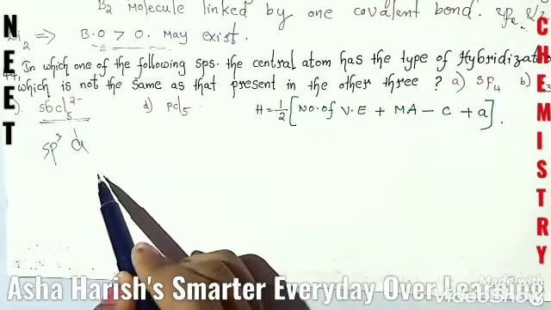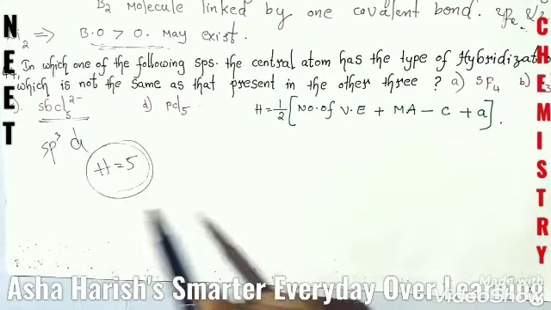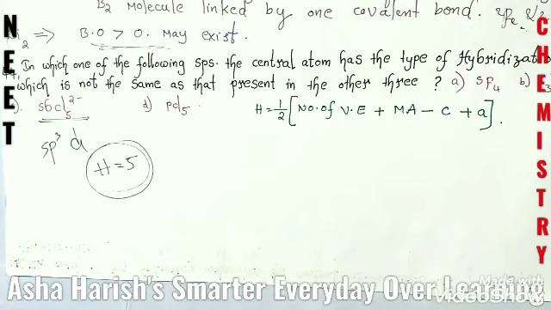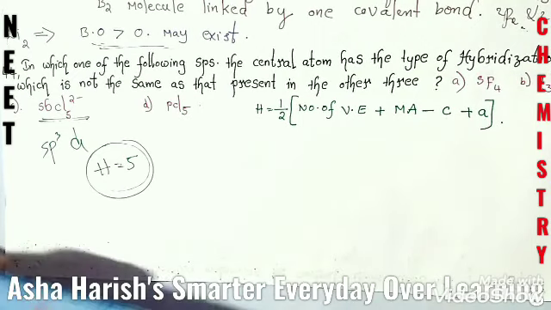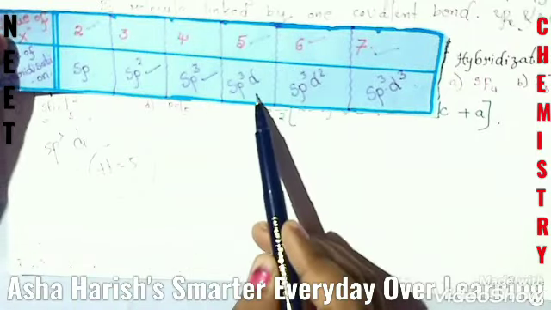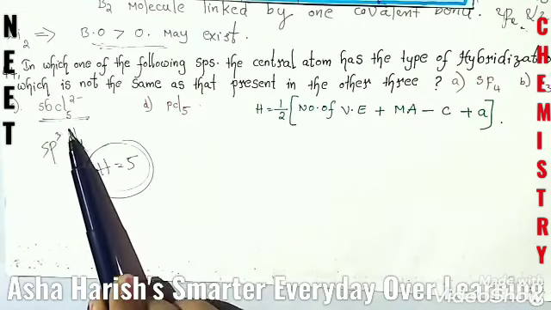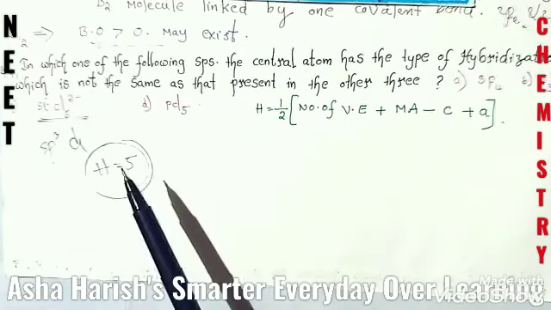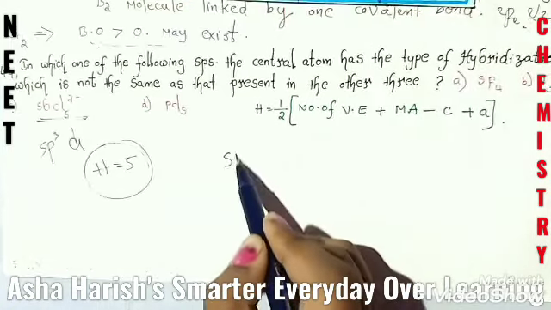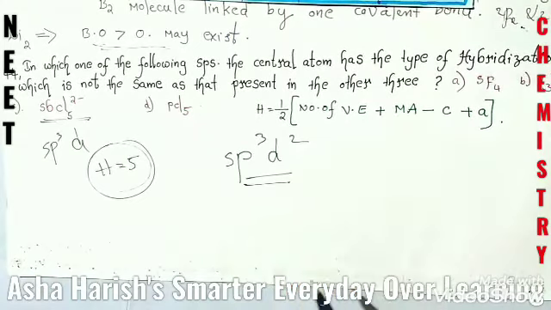Here the number is 5. If it is 5, the hybridization is sp3d. Okay students, in SbCl5 2 minus, Sb is in sp3d2 hybridization.